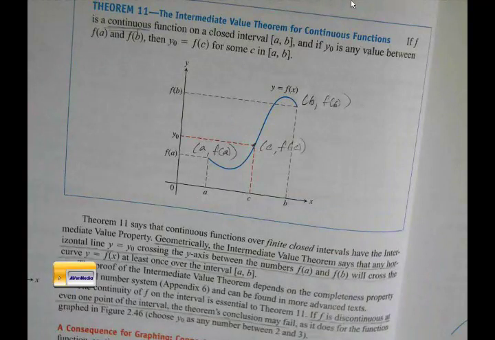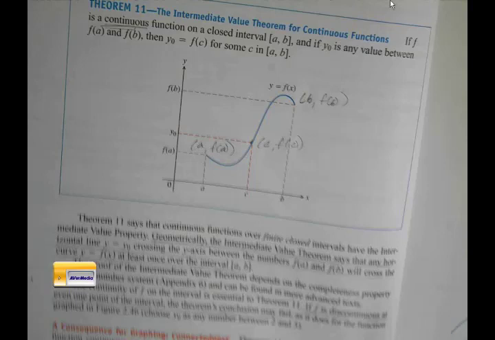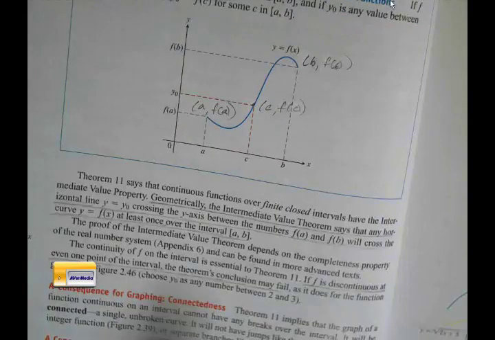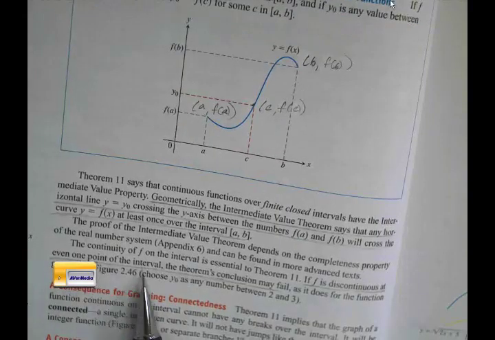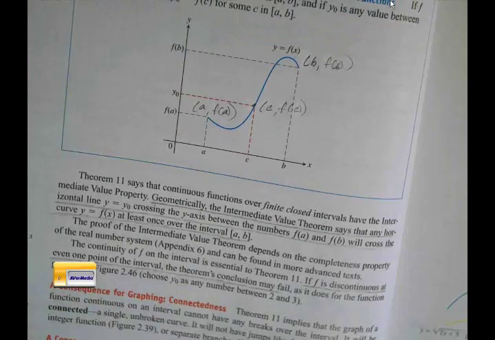I don't think that's a very good geometric description of this theorem. But then it finally says down here, if f is discontinuous at even one tiny point in the interval, then the theorem's conclusion may fail. So, right, that could be that one point from negative infinity to infinity where there is an issue.